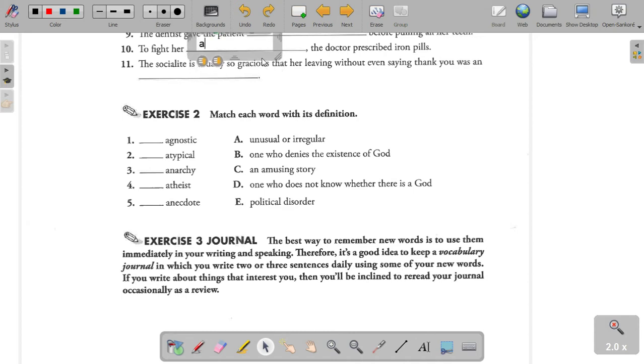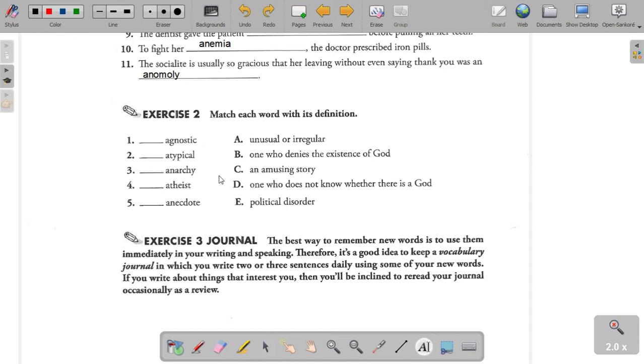It's the lack of red blood cells. Yep. Anemia. Okay, number 11, the socialite is usually so gracious that her leaving without even saying thank you was a blank. Anomaly, good. Good.